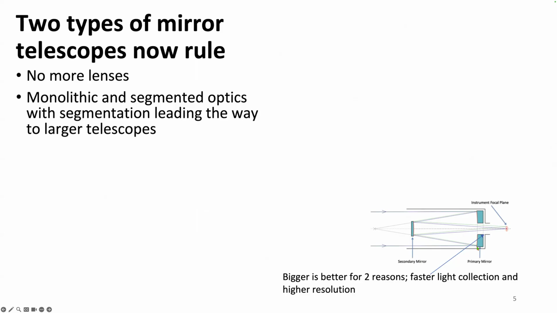It's a microscopically thin layer of silver or some other metal, depending on the wavelength you're operating. It's a metal surface, and the rest of the telescope is there to hold that thin metal in the right shape. So the light hits the primary mirror, hits the secondary mirror, and then goes through the primary mirror to additional instrumentation and cameras.